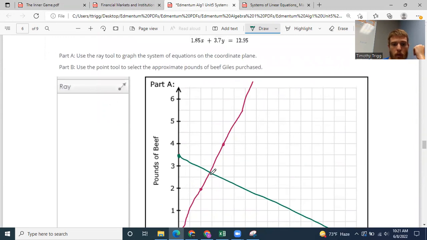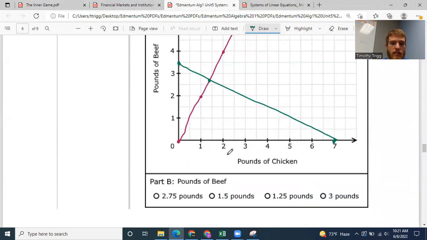And then you would use the point tool to put their intersection. We can see their intersection looks to be about 1.5, maybe 1.25. I think 1.25 is most likely the closest estimate. You'll have to be the judge. It might be 1.5, 1.25.